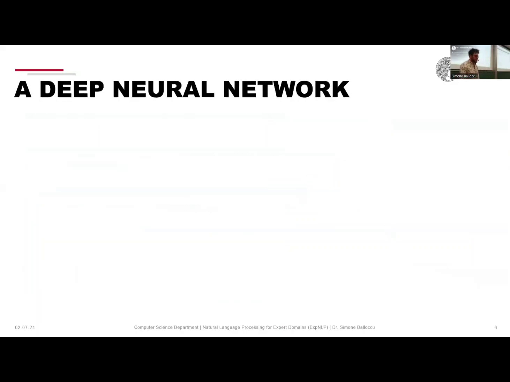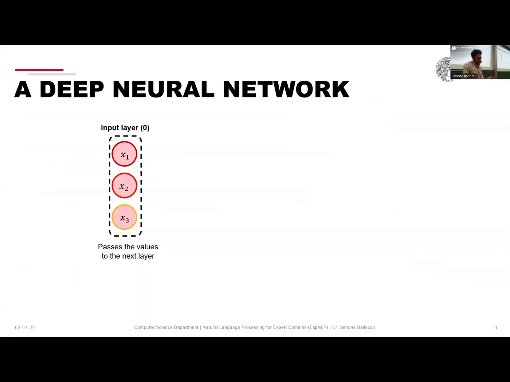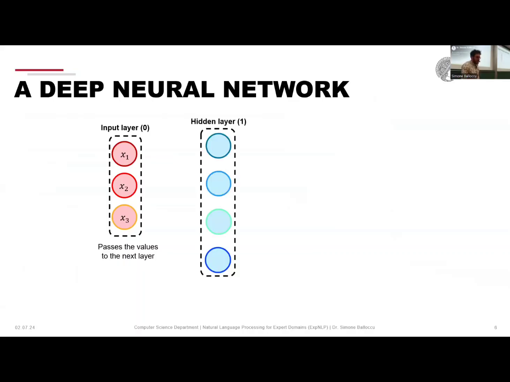So let's see an example of a deep neural network, and let's see how we represent its anatomy. Let's say we have an input layer. This input layer has an input vector which has 3 features, x1, x2, x3. They may be whatever, okay? As we said, this passes the values to the next layer. Now let's say we have a hidden layer with 4 neurons. Let's assume a fully connected network.